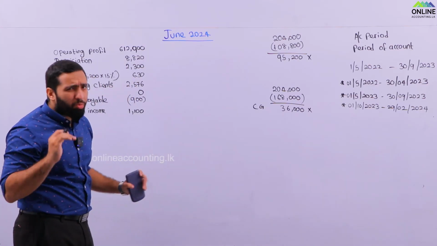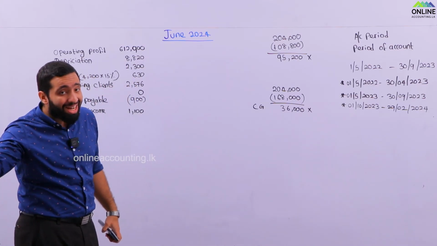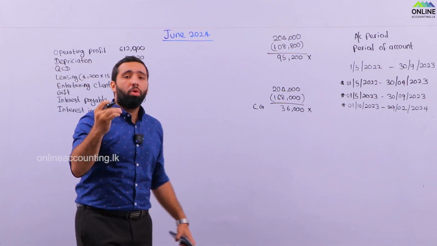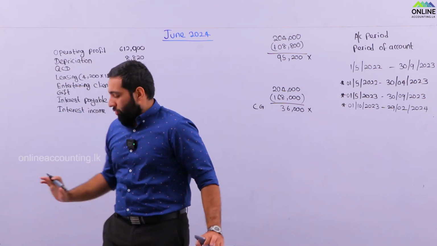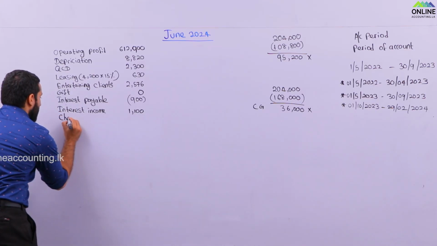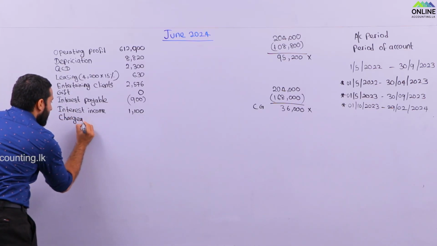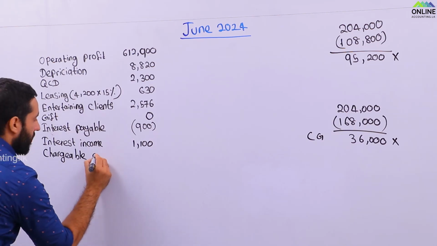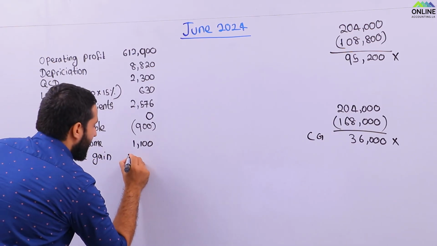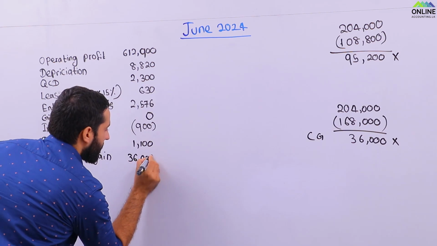Make sure these are the small concepts that you have already learned in capital gains tax. If there is anything, do let me know, I will help you. So the chargeable gain is 36,000.